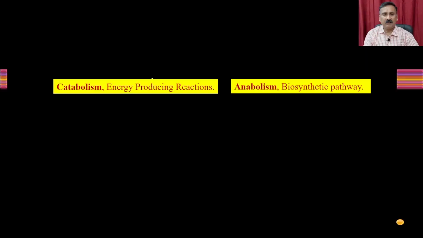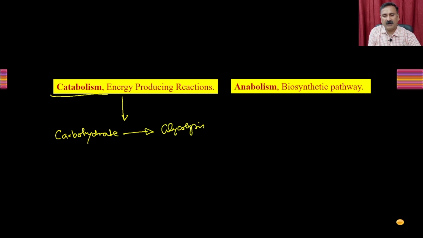All the reactions which produce energy come under the broad category of catabolism. Catabolism is mainly done for two biomolecules. One is carbohydrate, within which we have discussed glycolysis and the Krebs cycle.